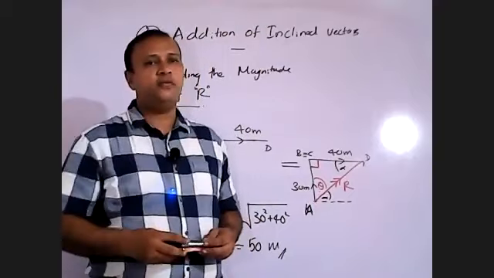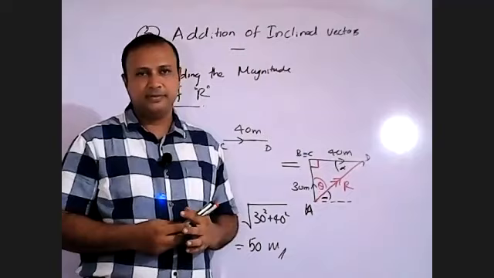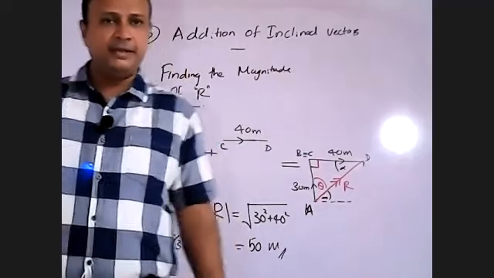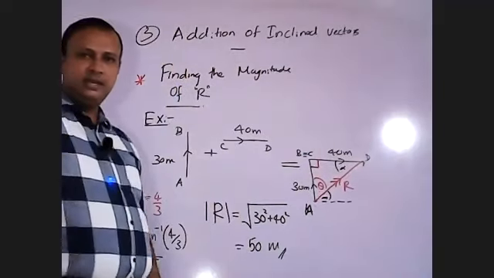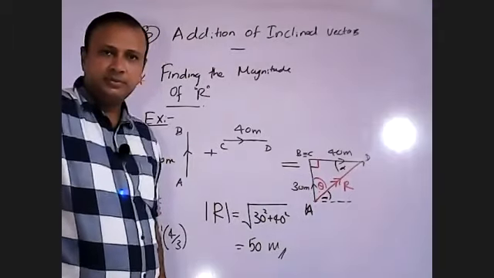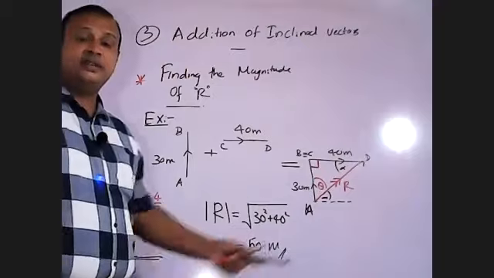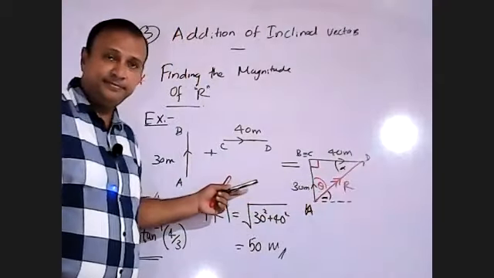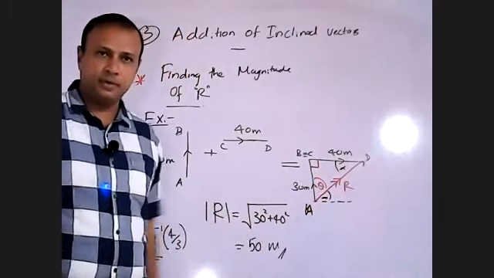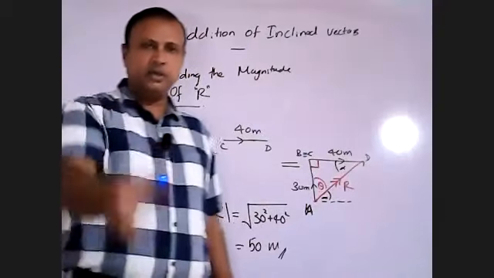That is a way of getting the direction of a vector. Did you get my point? Because the vertical and horizontal directions are defined and known.